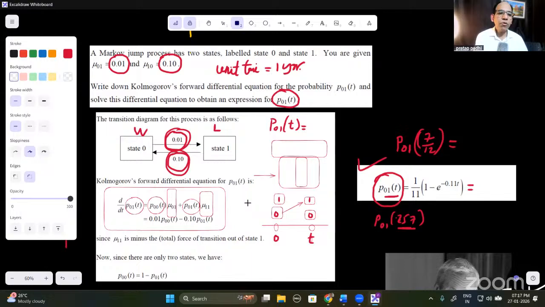Here you see mu's are given, 0.01. The P's we have to find, while the mu's will be given: mu 01, mu 11. Mu 01 is given here, 0 to 1.